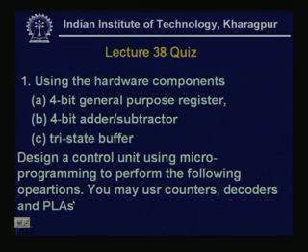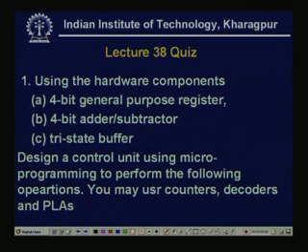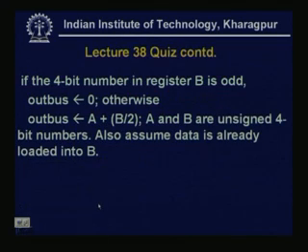Now, we see the quiz of this lecture. Using these hardware components, say a 4-bit general purpose register, a 4-bit adder subtractor, and a tri-state buffer, design a control unit using microprogramming to perform the following operations. We can use counters, decoders and PLAs, and the operation is like this.